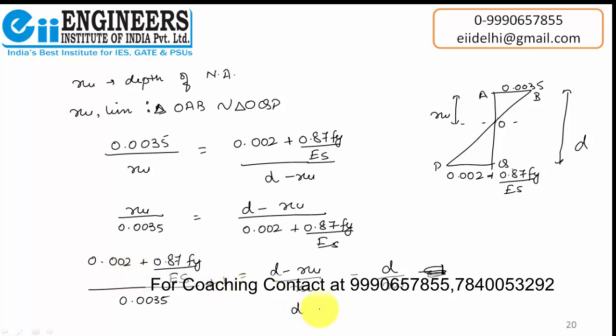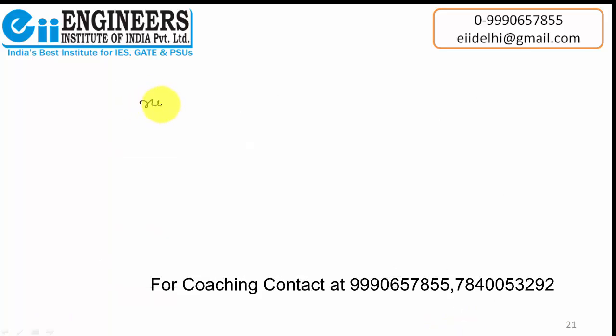So d by Xu becomes 0.0055 plus 0.87 Fy by Es divided by 0.0035. So the value of Xu limiting by d becomes 0.0035 upon 0.0055 plus 0.87 Fy by Es.